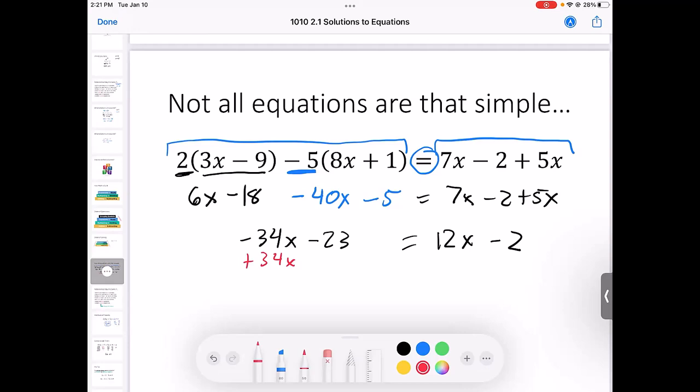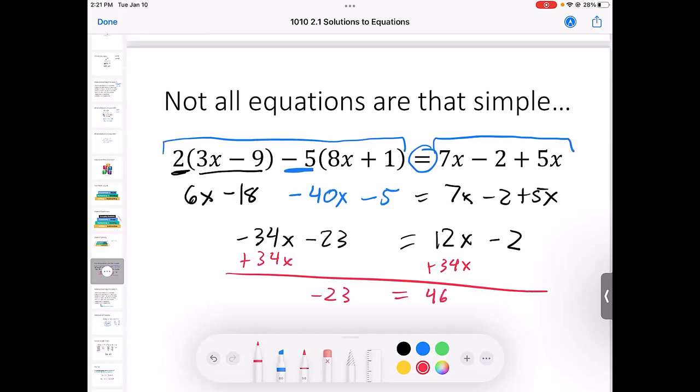So we're also going to add it to this side as well to make sure that the equation stays a true statement. Even though we don't know what x is yet, we want to keep the equation balanced as we're solving it. So when I do that, that's going to give me negative 23 equals, is that 46x? 46x minus 2.